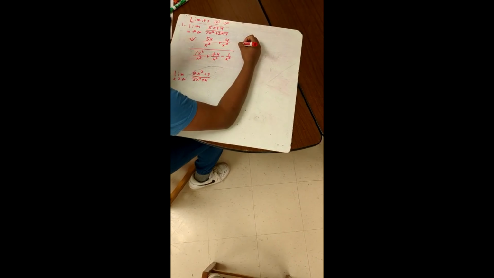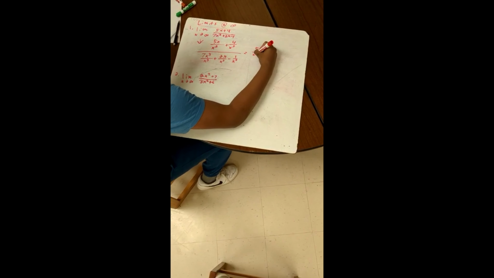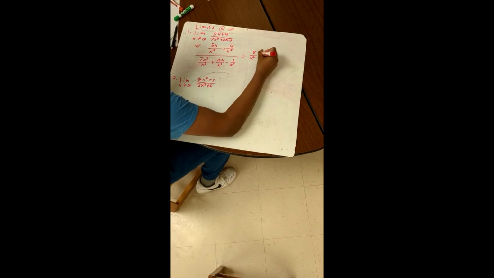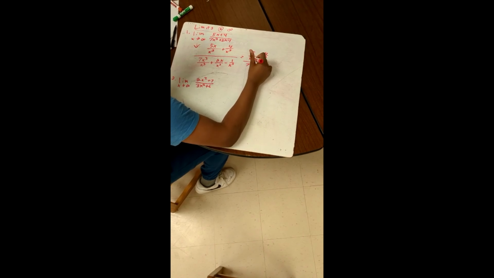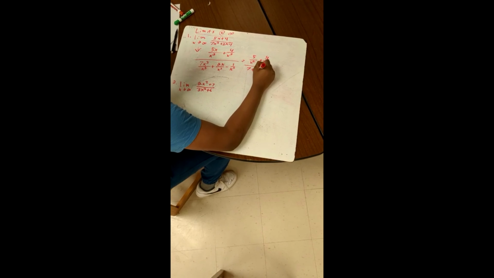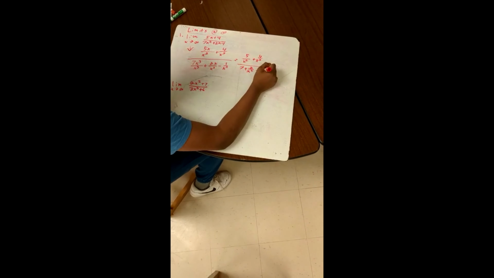And then if we simplify that, we get 5 over x squared plus 4 over x cubed, all over 7 plus 2 over x squared minus 1 over x cubed.